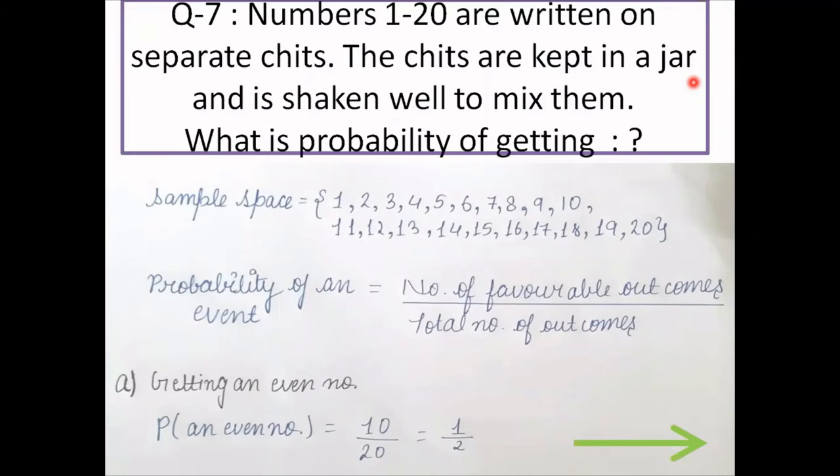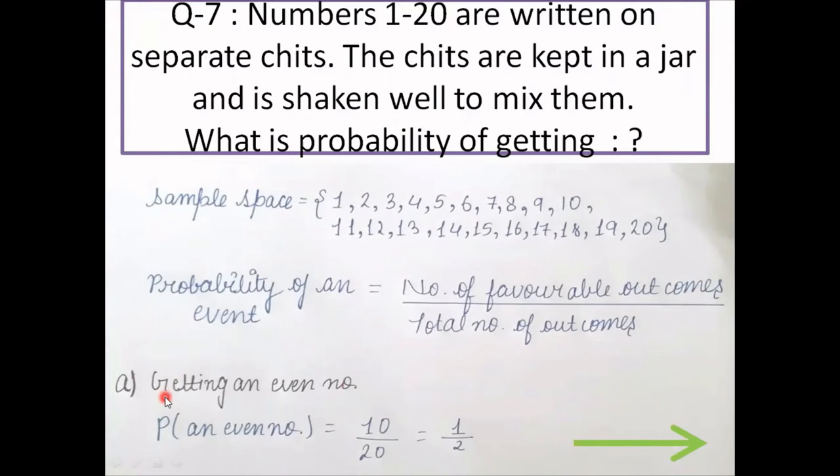In the previous question I said that if it is necessary to write the total number of outcomes, you will write. But here we have not written it because it is mentioned from 1 to 20. Okay, so we will write the sample space. Sample space we have written: numbers from 1 to 20. Now the formula: probability of an event is number of favorable outcomes by total number of outcomes.